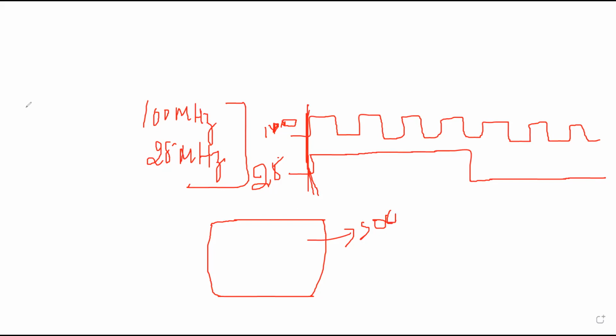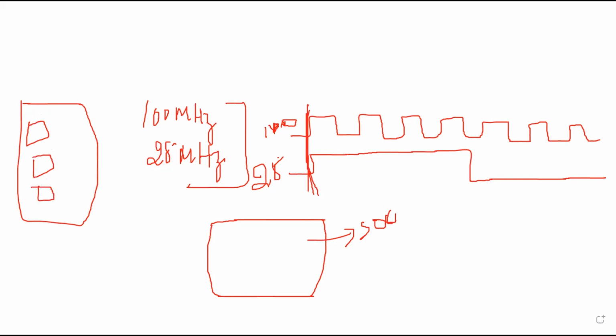When you see a PCB board that is in green color, have you all seen it? So that green board has some chips, correct? Black chips.